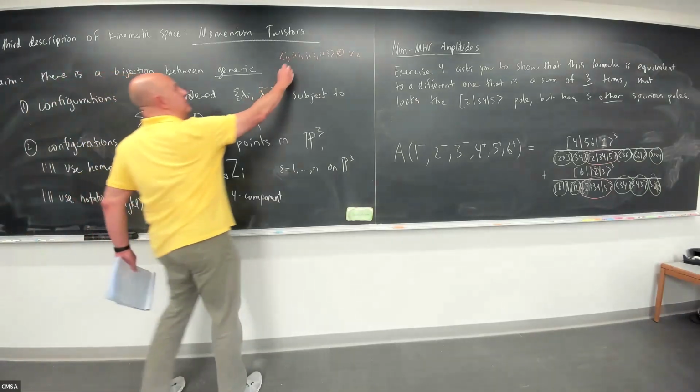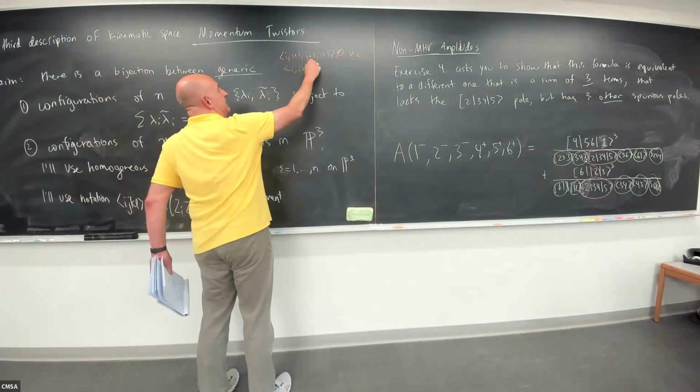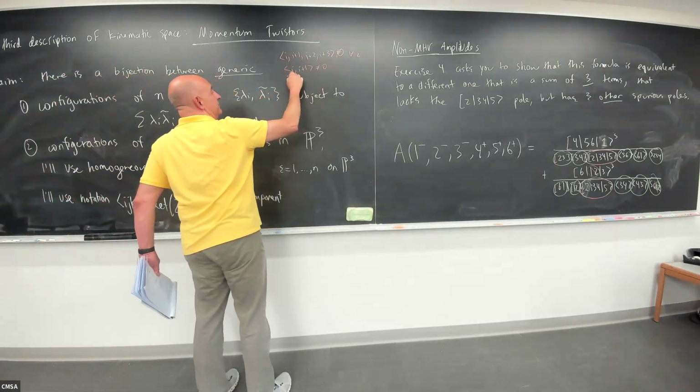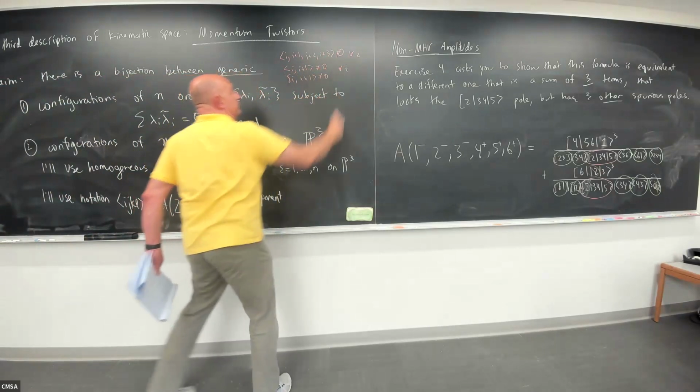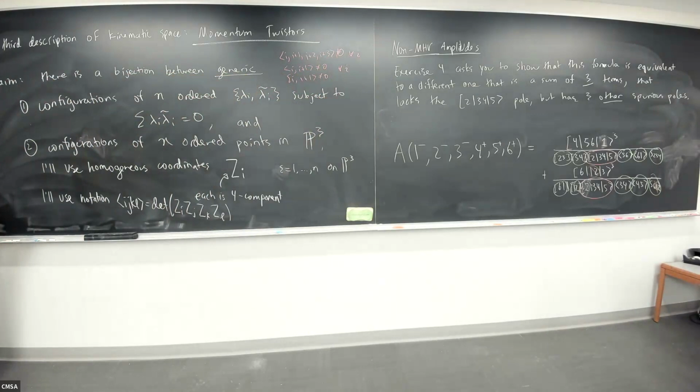But it also means you don't want any degeneracies in your spinor helicity variables either. So the idea is just for generic kinematics, away from certain special loci, there's a bijection between configurations of n ordered particles subject to momentum conservation and configurations of n ordered points.